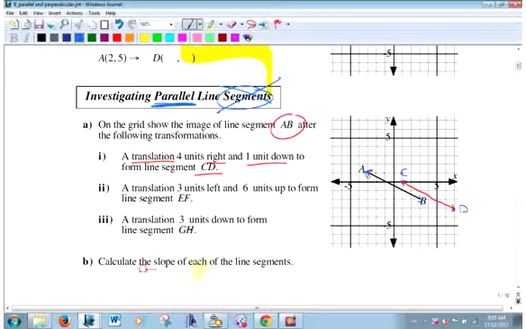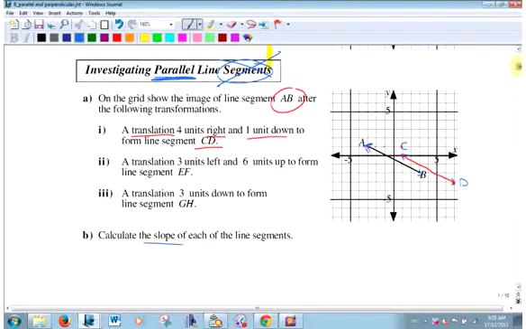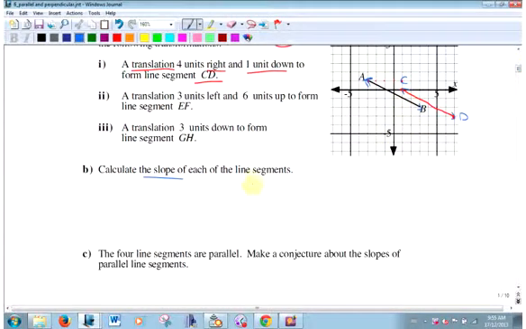Let's calculate the slope of these guys. We already kind of think we know what's going on here. Do we know how to calculate the slope of AB? Slope, again, its definition is rise over run.